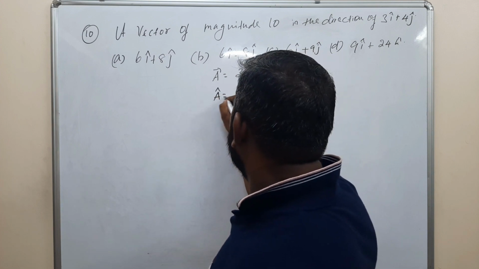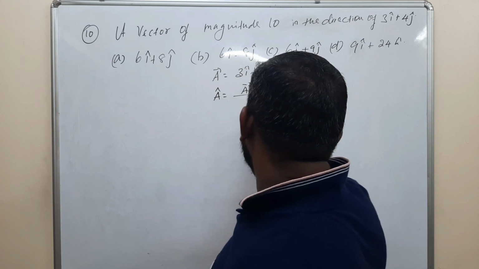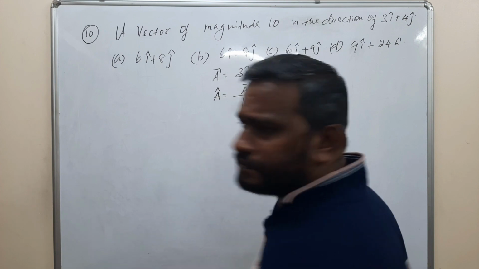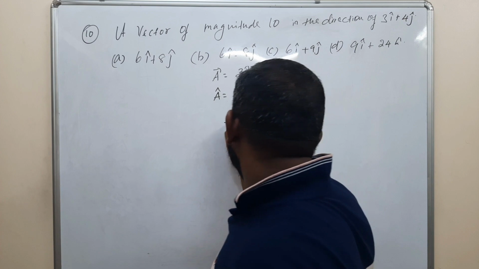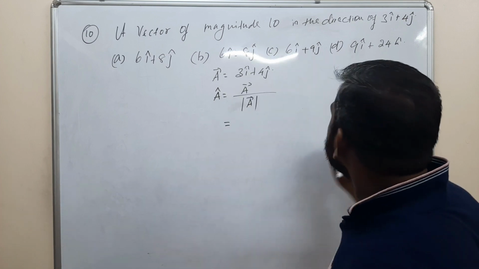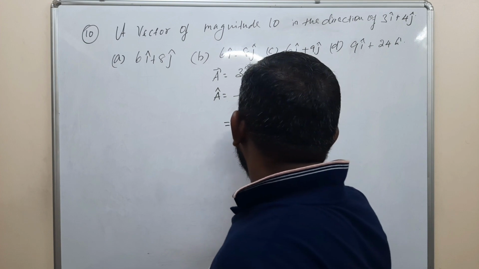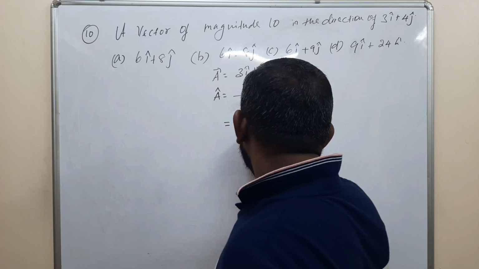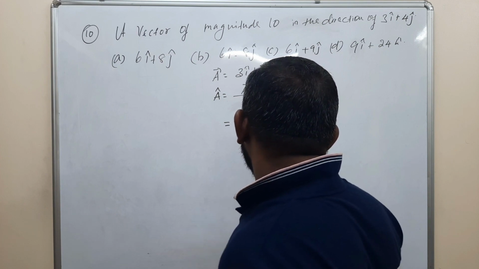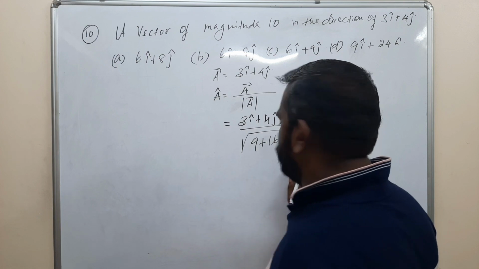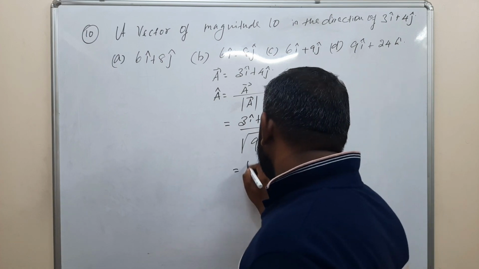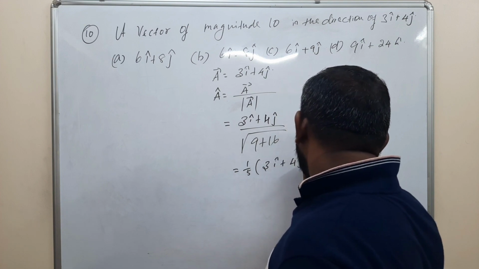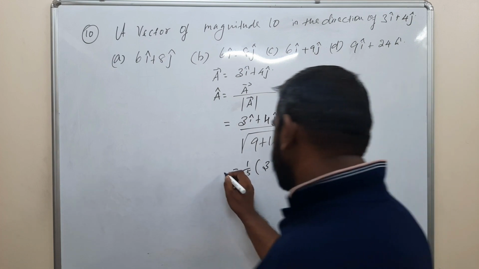That is a cap is equal to a vector divided by mod a vector. So that's 3i cap plus 4j cap divided by square root of 9 plus 16, that is root of 25, which is 5. So that's equal to 1 by 5 into 3i cap plus 4j cap. So this is A cap.